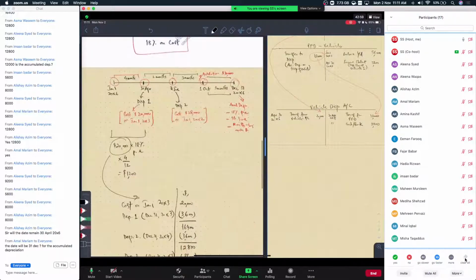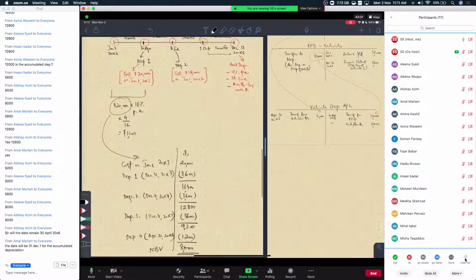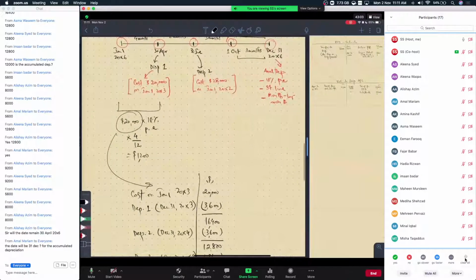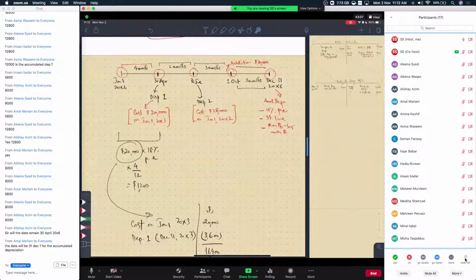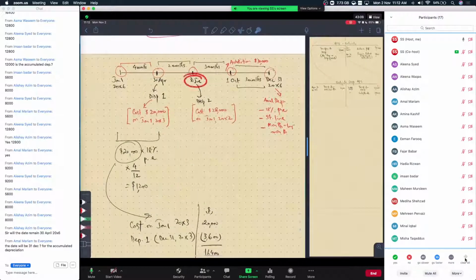So it comes the second disposal now. Let me just bring the proceedings here. Now this second disposal here, it was done on 30th of June, right? Amal, the date will be 31st December for the accumulated depreciation. No, Amal, 30th of April, because this asset will cease to exist by 31st of December when it comes.